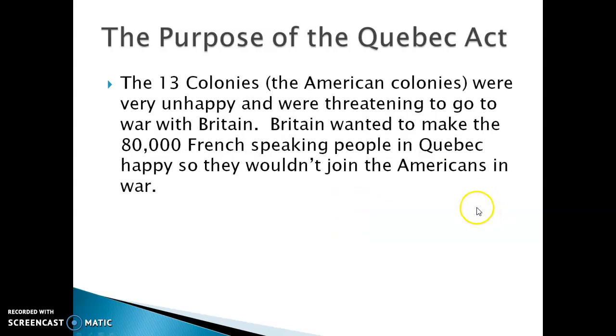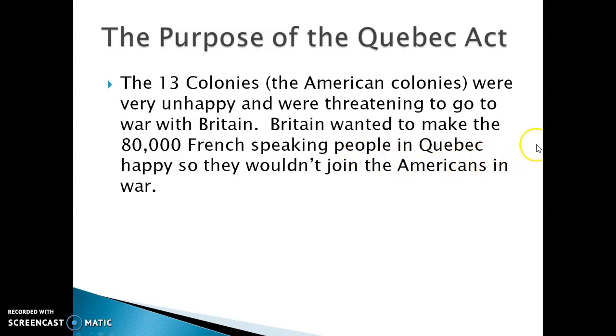So, at the same time, the 13 colonies, those are the American colonies, were really unhappy, and they were threatening to go to war with Britain. This is going to end up being the American Revolution. Now, Britain wanted to make the 80,000 French-speaking people in Quebec happy, because they didn't want them joining the Americans in the war.